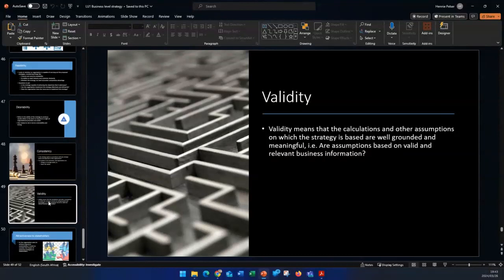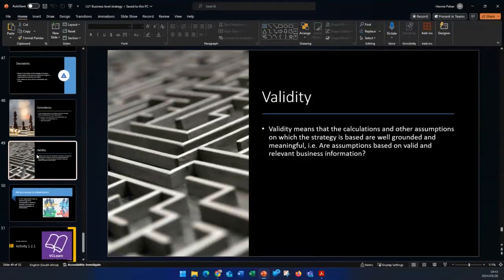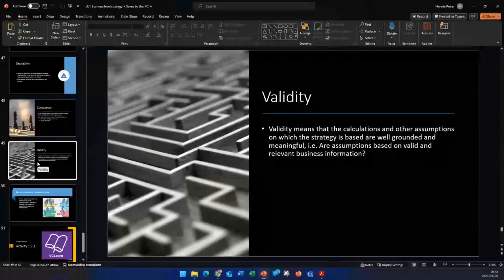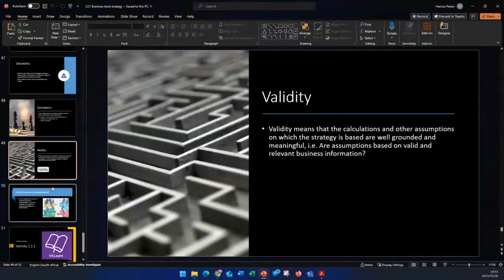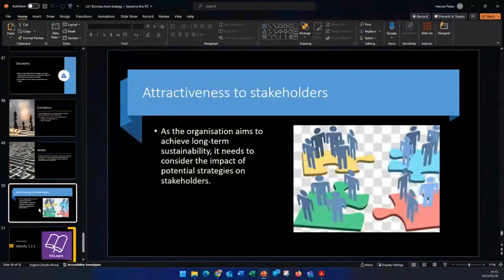So you've got to look at the validity in terms of the numbers, stats and the math that went into the decision. It's going to be very difficult to do from a practical perspective, but if you can find stats, it would be wonderful to mention those. Attractiveness to our stakeholders.